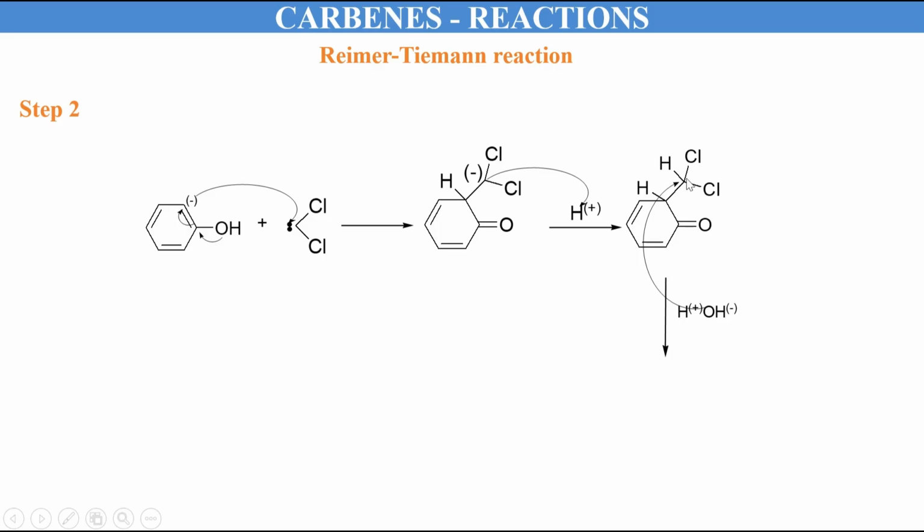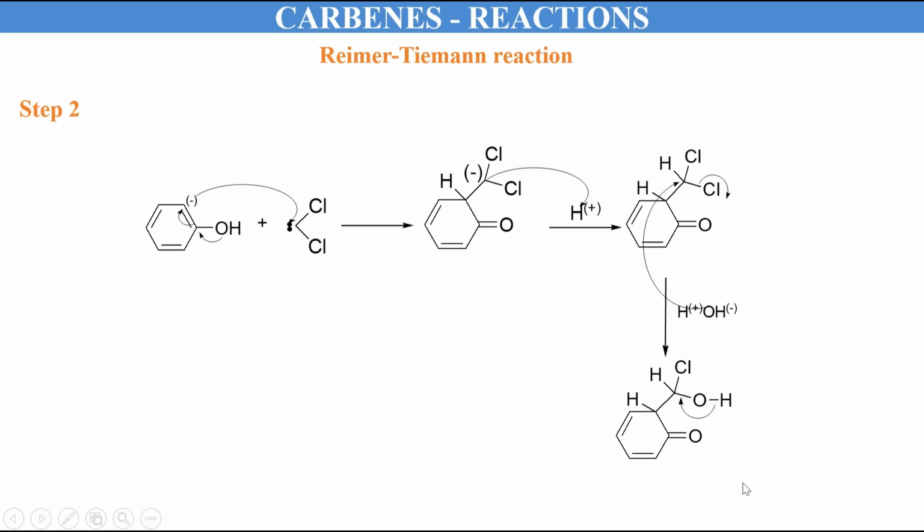Once it attacks, the carbon has to maintain its tetravalency, so the carbon-halogen bond breaks and is lost as Cl minus. Cl minus combines with H plus and is lost as HCl. Here the chloro group has been substituted by OH. It underwent a nucleophilic substitution reaction.